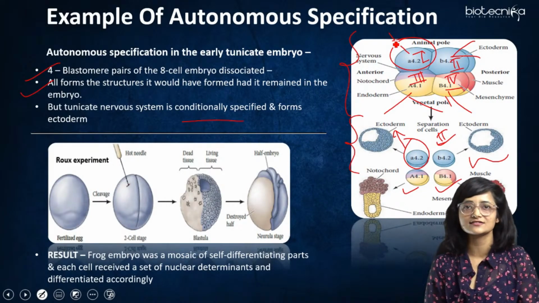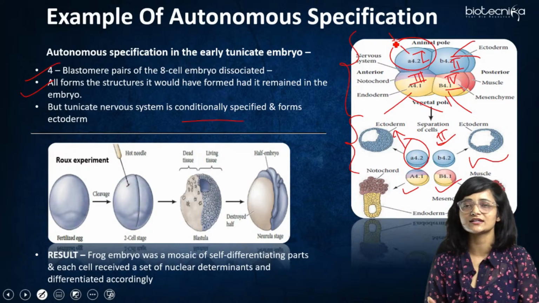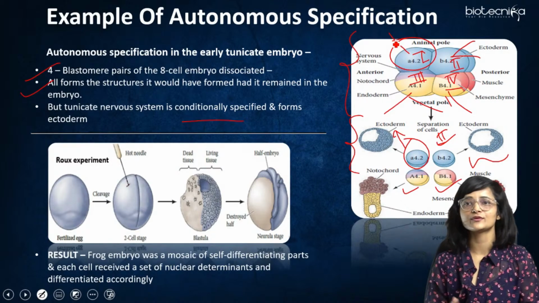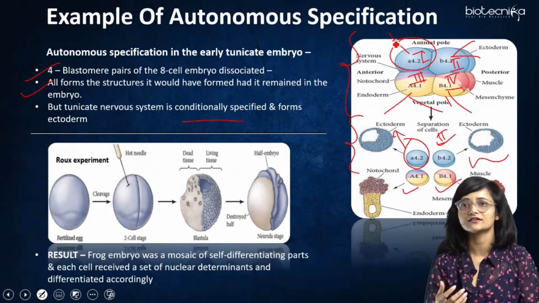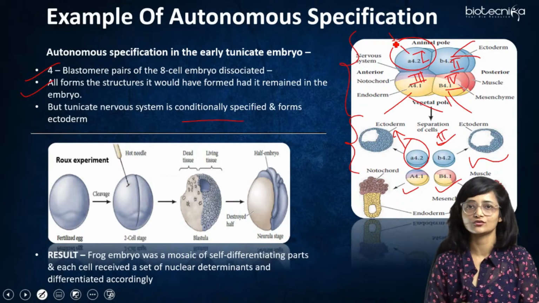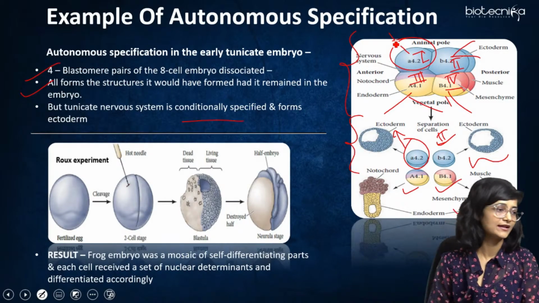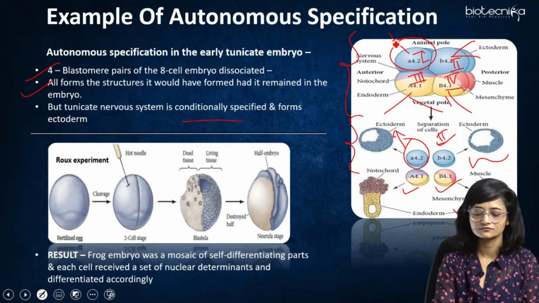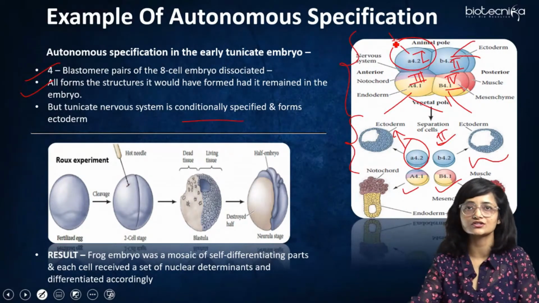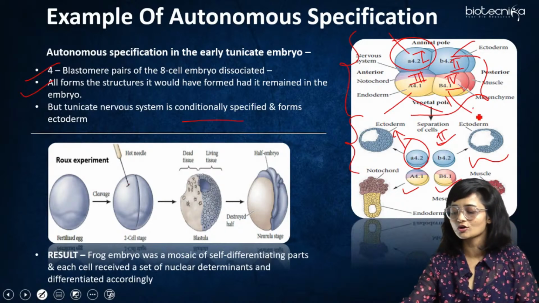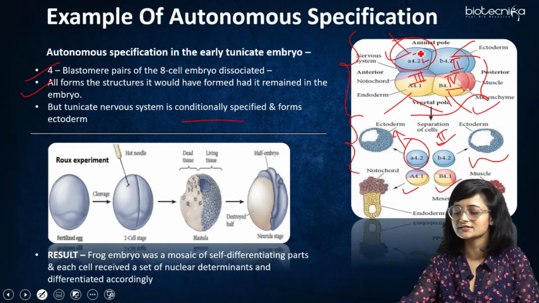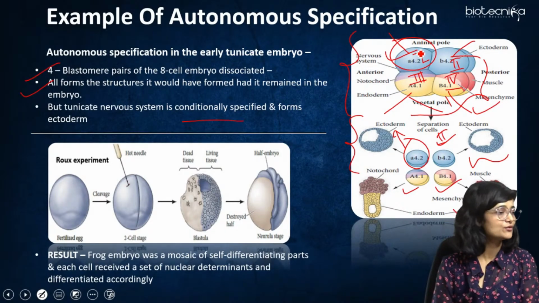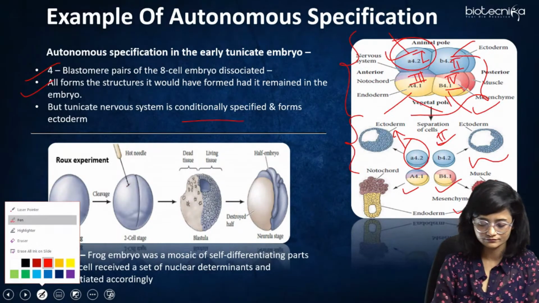When the external factors are changed, this particular cell, instead of producing the normal nervous system, produces the ectoderm. This is what is actually happening here, right? So this particular cell goes into conditional specification, while the rest form the same thing. These are in the autonomous specification state, while this one is in the conditional specification state. So did you understand this particular example?